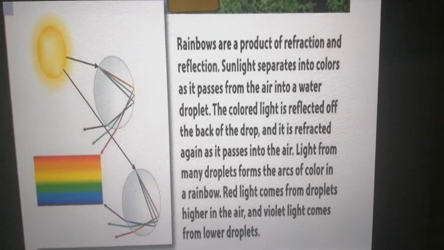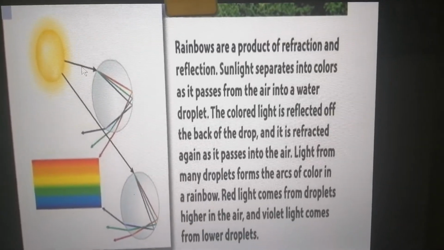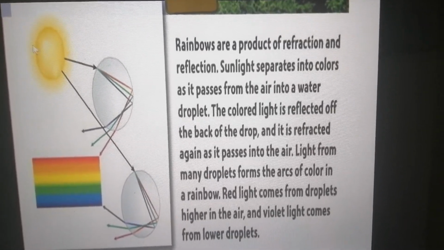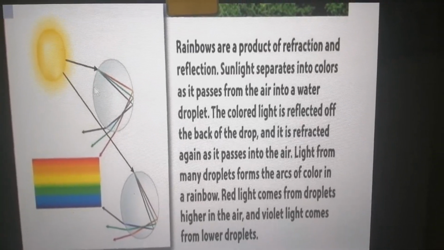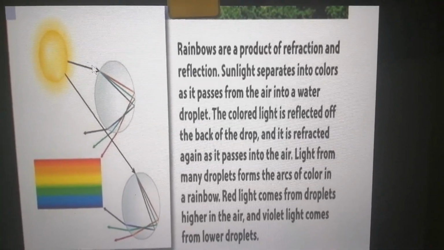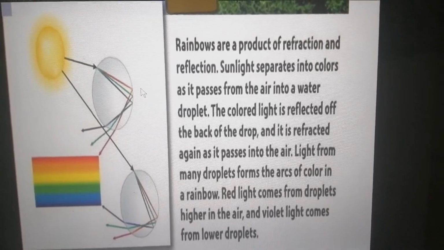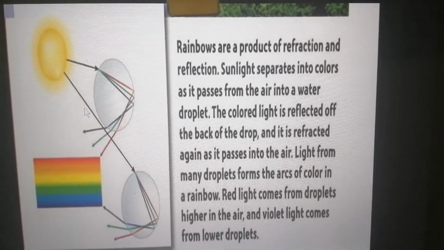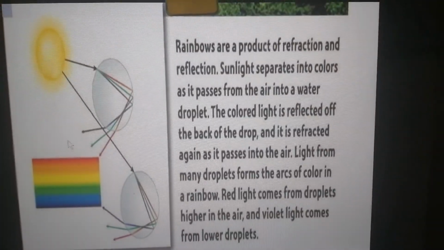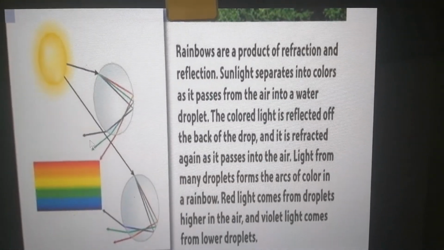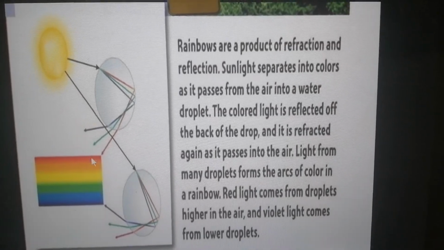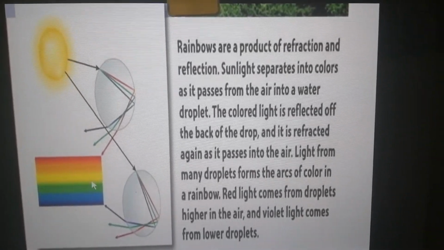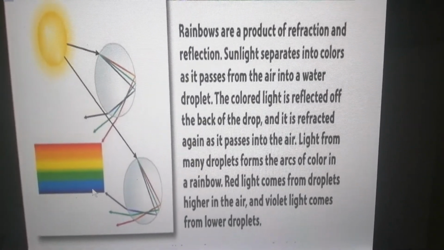When the sunlight enters the water droplets, the light is diffracted or refracted into different colors. So we can see the rainbow with its different colors from red to violet.